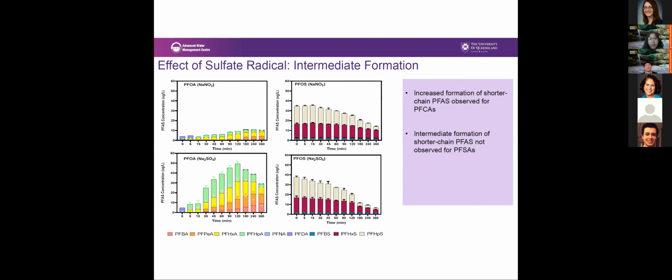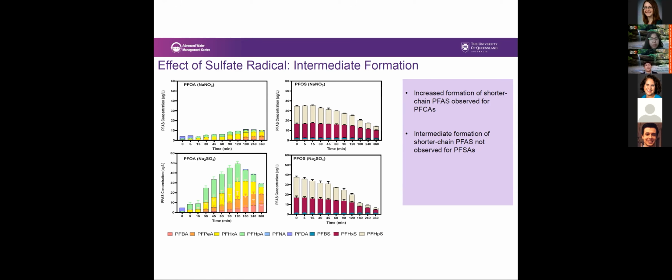In terms of the intermediates, we also measured the intermediates during the treatment within the 6 hours treatment. For the PFCAs, we observed that shorter chain PFCAs are being produced during the treatment, and the presence of the sulfate radicals increases the production of the shorter chain PFCA intermediates.